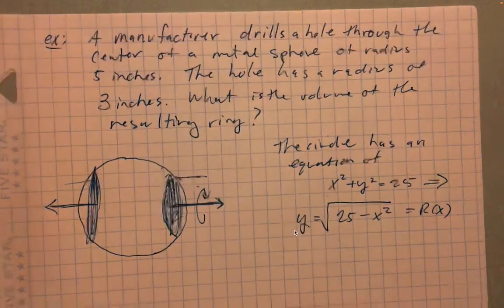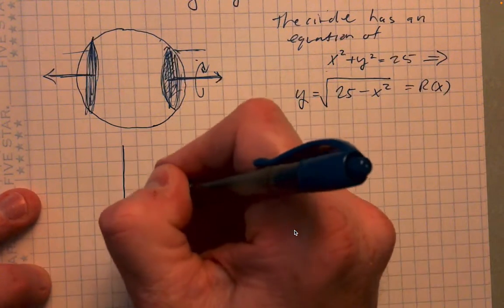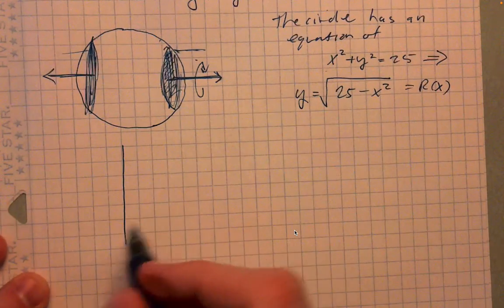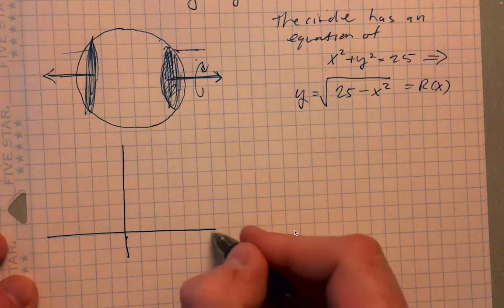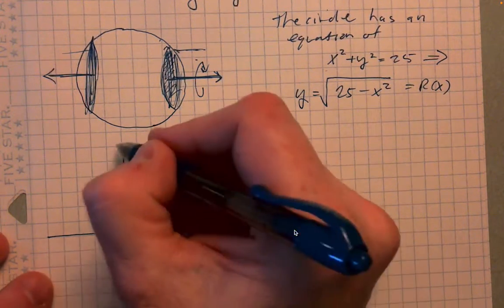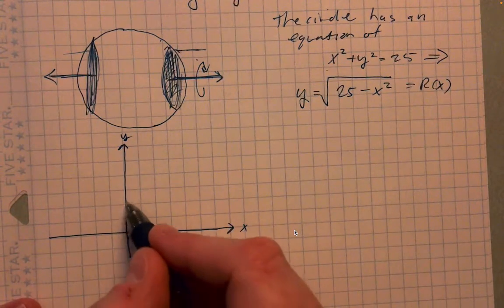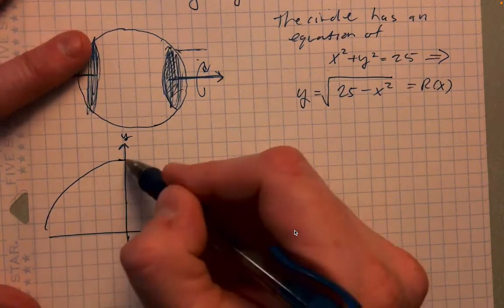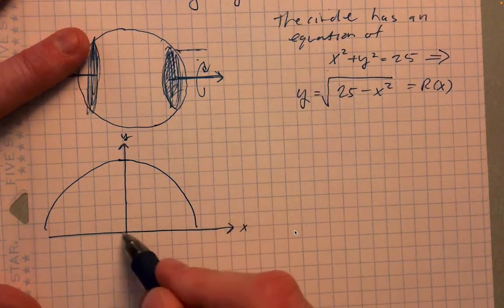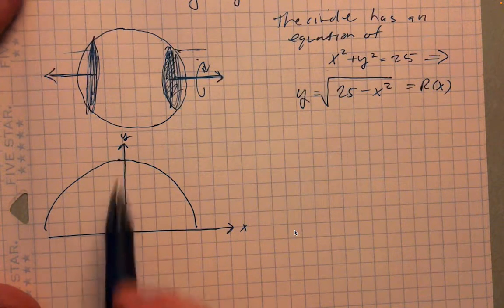Okay, let's draw a picture here. Let's see if we can make this clear. Okay, so we've got, right, this is our x-axis. This is our y-axis. Okay, so 1, 2, 3, 4, 5. So we're going to have a semicircle that's built around the origin and with a radius of 5. Okay.